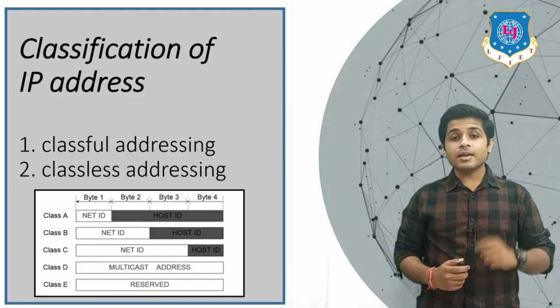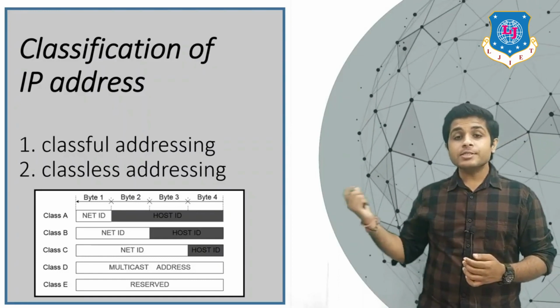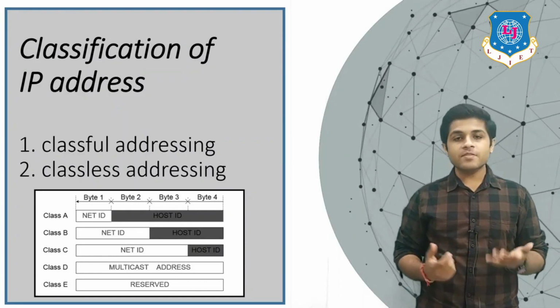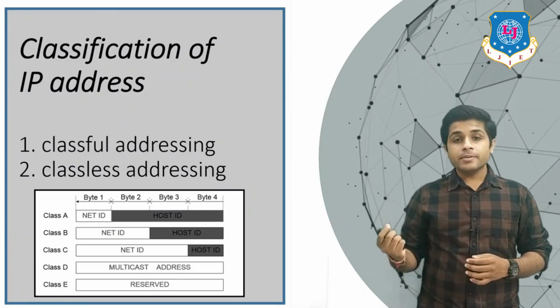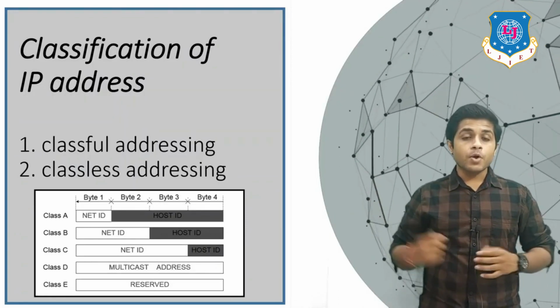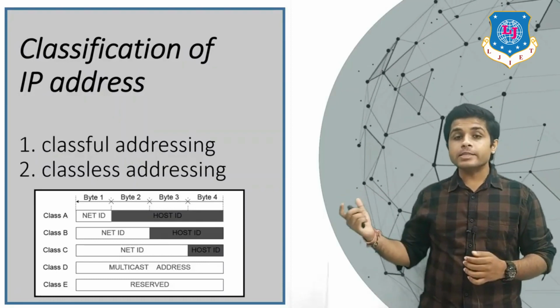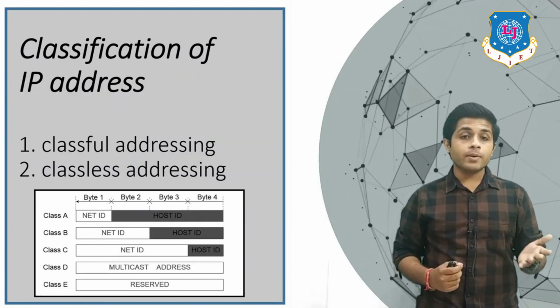Now if you see the class A address, you can see two parts, which are the network ID and the host ID. What is the meaning of the network ID and the host ID? The network ID represents how many networks are possible. For example, in class A, 1 byte, meaning 8 bits, is for network ID.